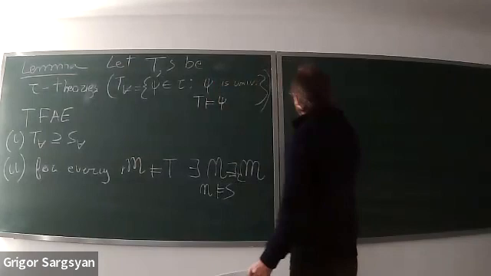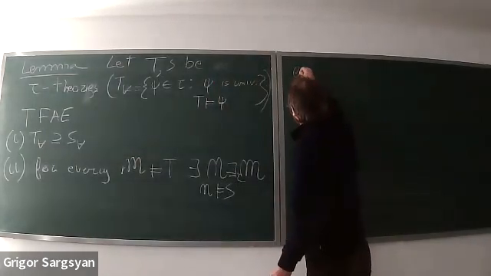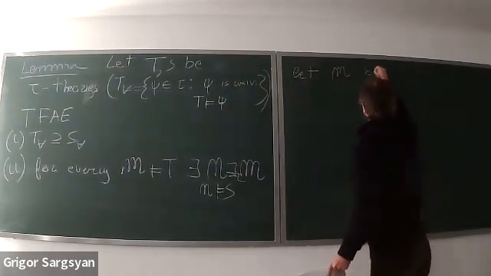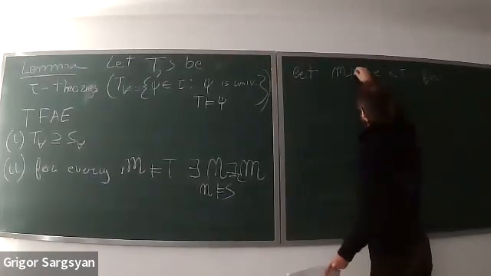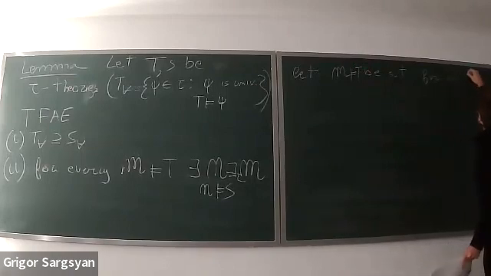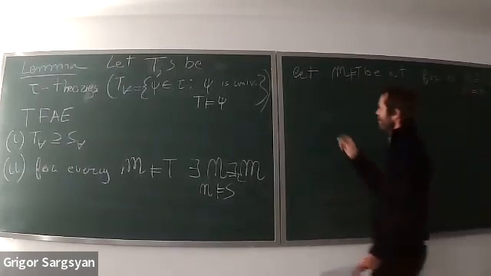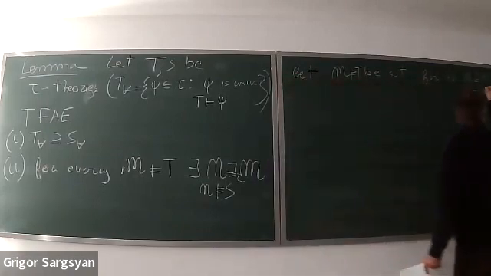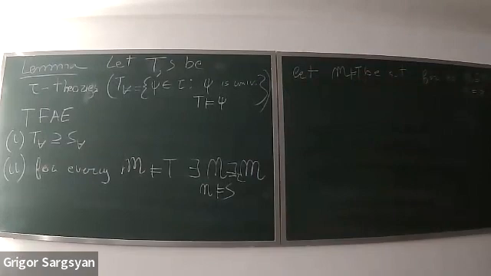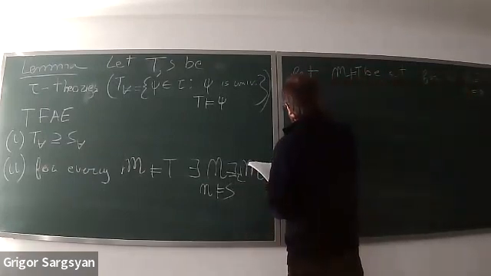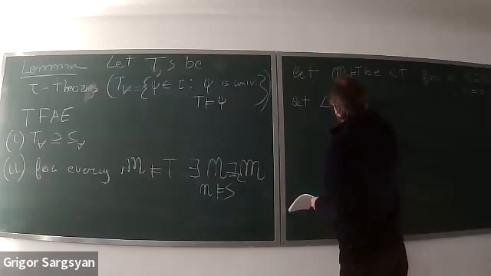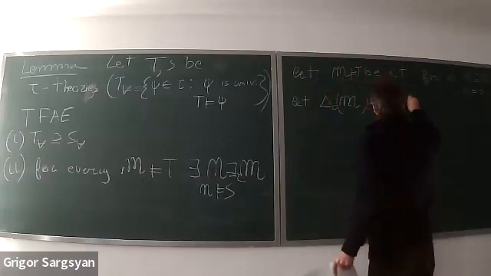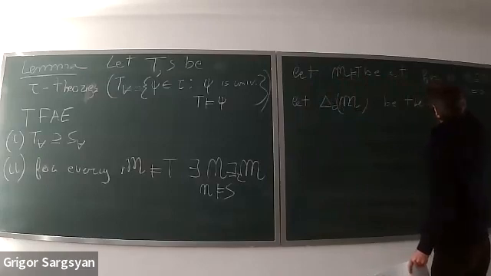So you run by contradiction. If you assume two fails, let M be such that for no N superstructure of M is N a model of S. Let delta-zero of M be the quantifier free diagram.